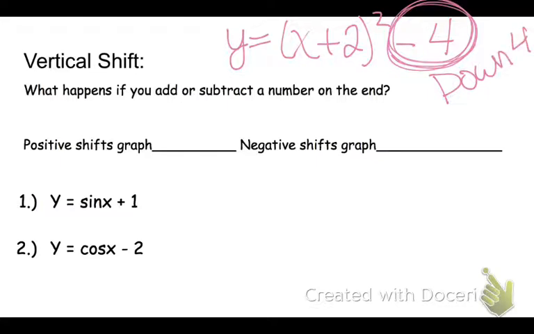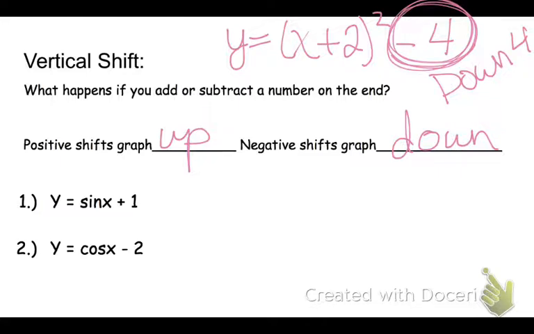That same relation happens in trig functions, whether it's got a sine x, sine theta, cosine x, cosine theta. So if we add or subtract a number at the end of the function, outside of the parentheses, outside of the variable, that means my function is going to move up or down.